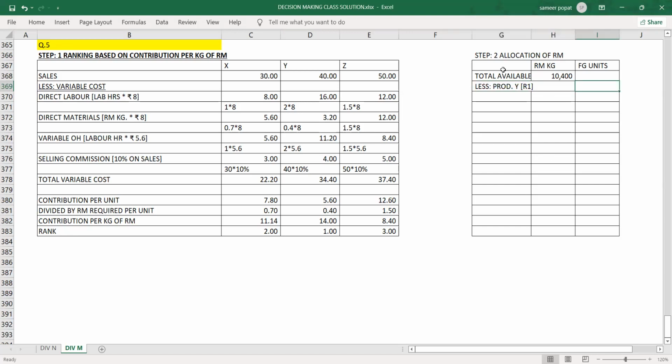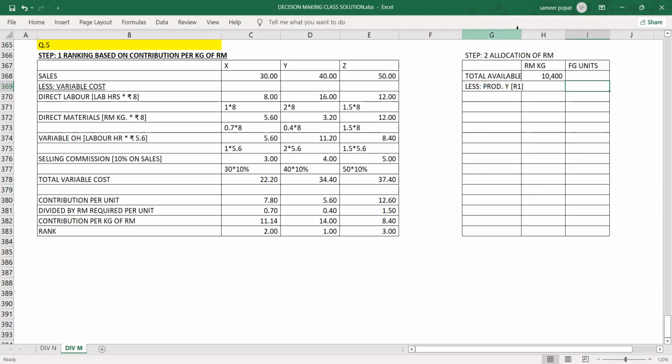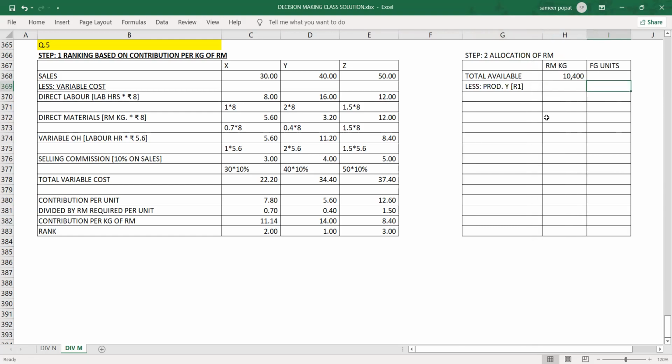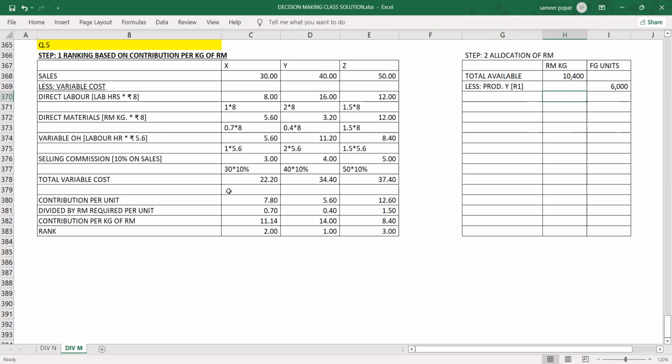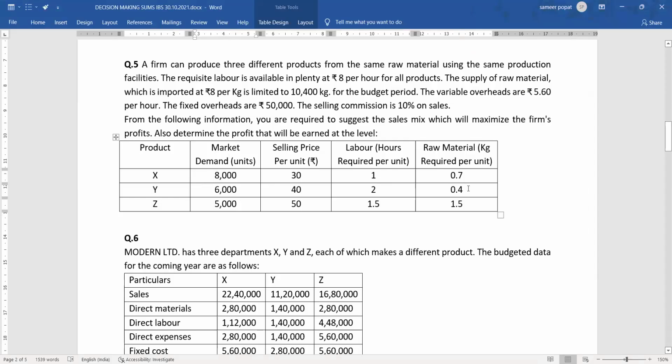Now they are given the total market demand for the product. Total market demand for product Y is 6,000 units. So let us manufacture up to 6,000 units of Y. Now each unit of Y requires 0.4 kgs of raw material.